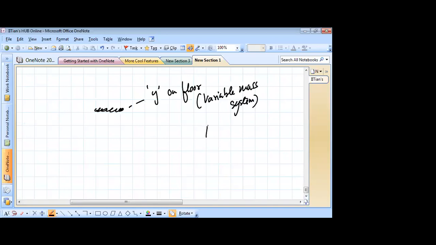So we have to understand that the net force acting on it is equal to the rate of change of its momentum. We can't just write it as mass into acceleration because mass is not constant. So at time t equal to t, its mass is, let's say, m prime, which is m by L into y, and its length on the floor is y.